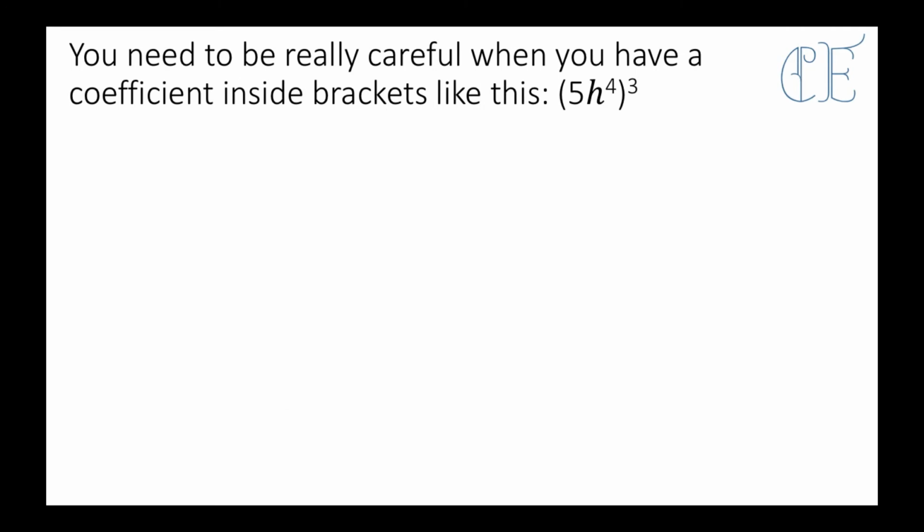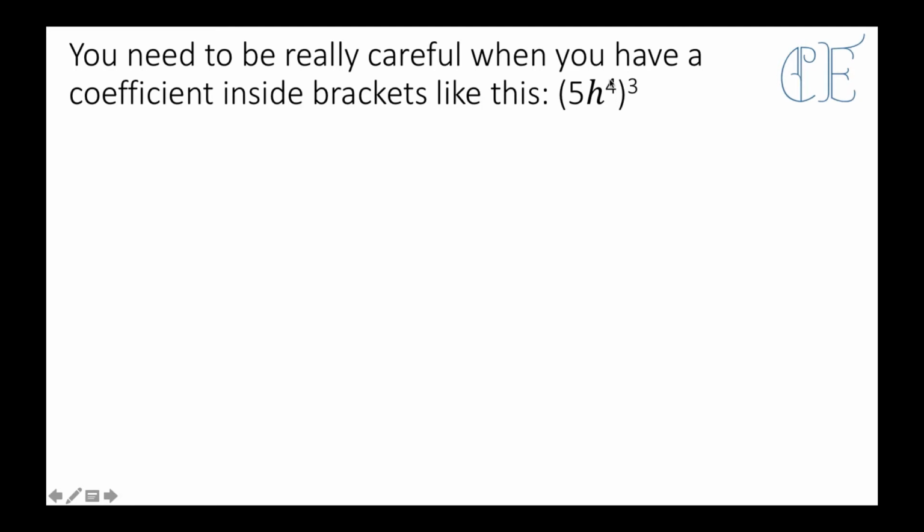Okay, now something that we do really need to be careful with is when you have a coefficient inside a bracket like this. So we've got a big number inside a bracket with a power of 4, and a power of 3 outside the bracket.